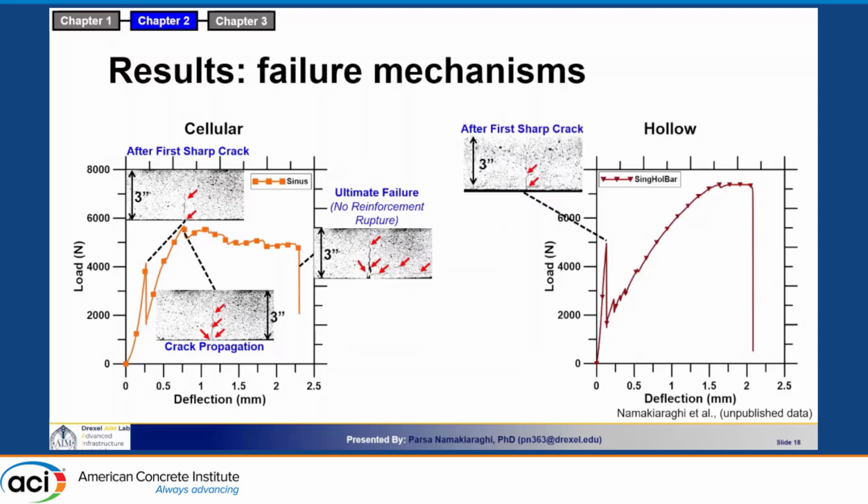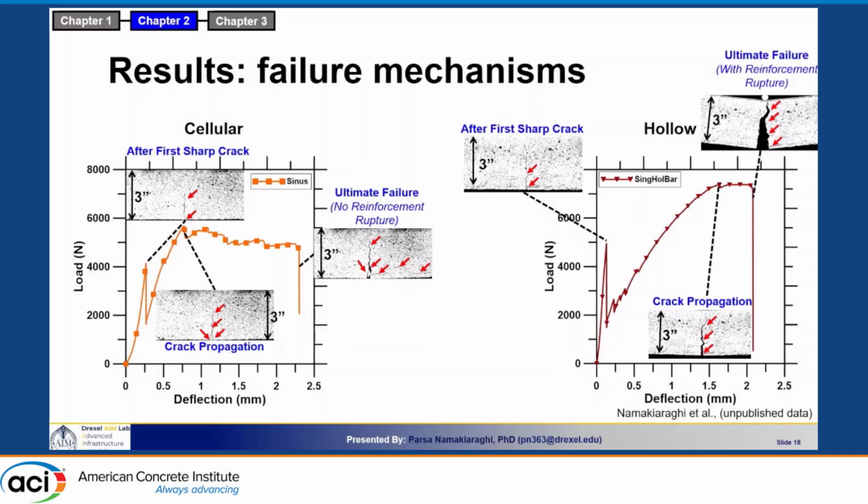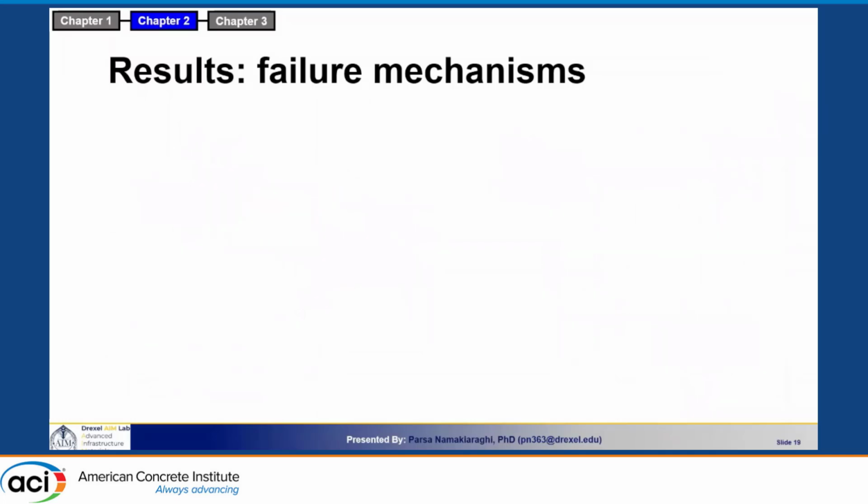On the other hand, in single hull bar, the interface between the two could be better. Based on just these results, we had to go further and look at the interface using some microphotography and later X-ray CT.